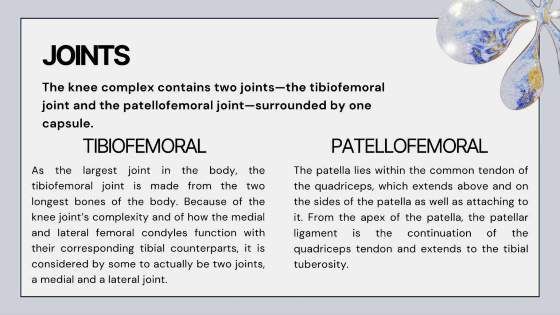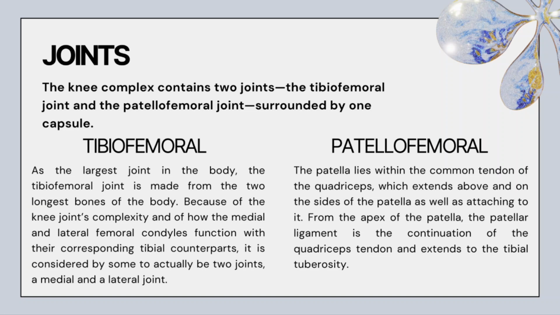Because of the knee joint's complexity and how the medial and lateral femoral condyles function with their corresponding tibial counterparts, it is considered by some to actually be two joints, a medial and a lateral joint, while the patellofemoral lies within the common tendon of the quadriceps, which extends above and on the sides of the patella as well as attaching to it.